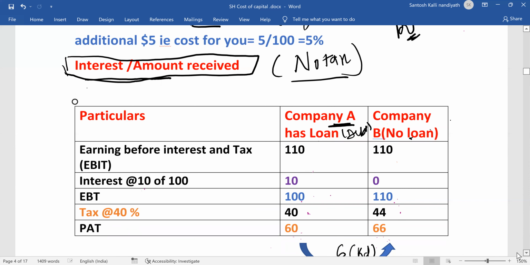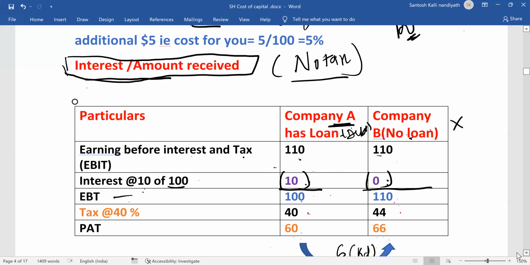Earning before interest and tax is 110 in both cases. Because company A has a loan of 100, at the rate of 10% it pays interest, so interest would be 10. In company B there is no loan, so zero interest. So earning before tax is 110 minus 10, 100 for A, and 110 minus 0, 110 for B.